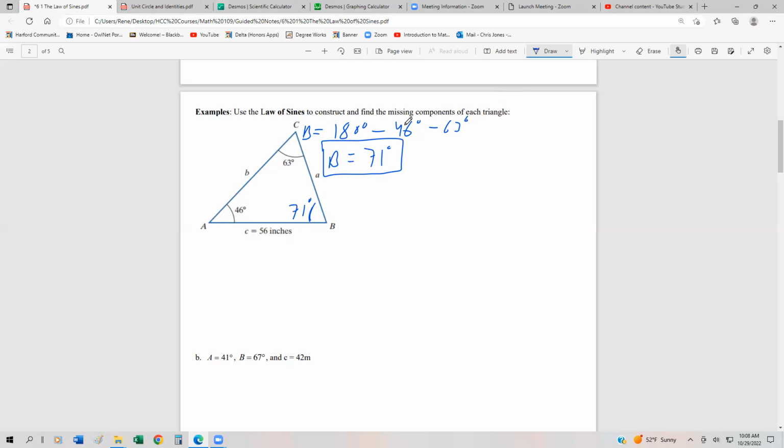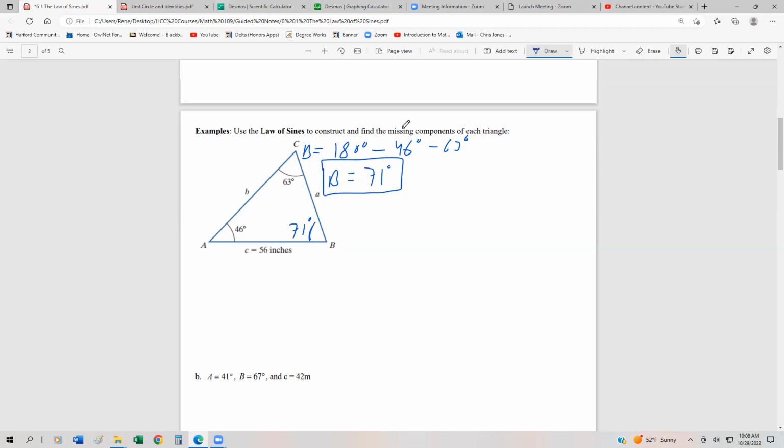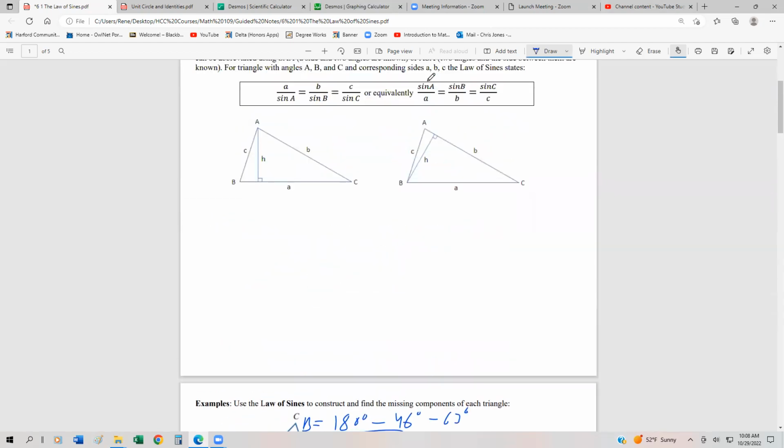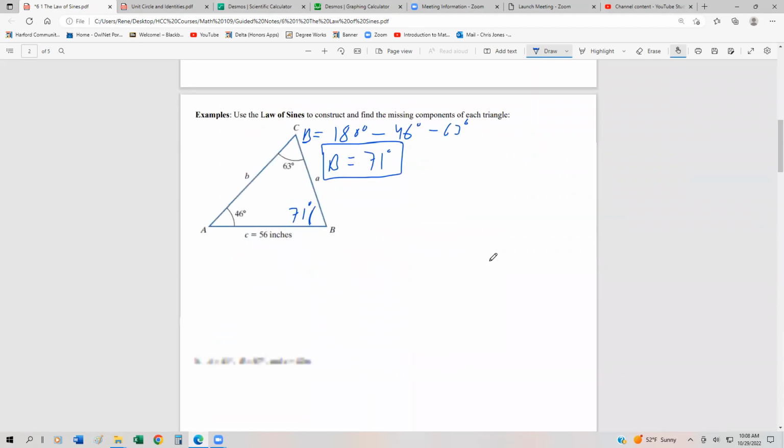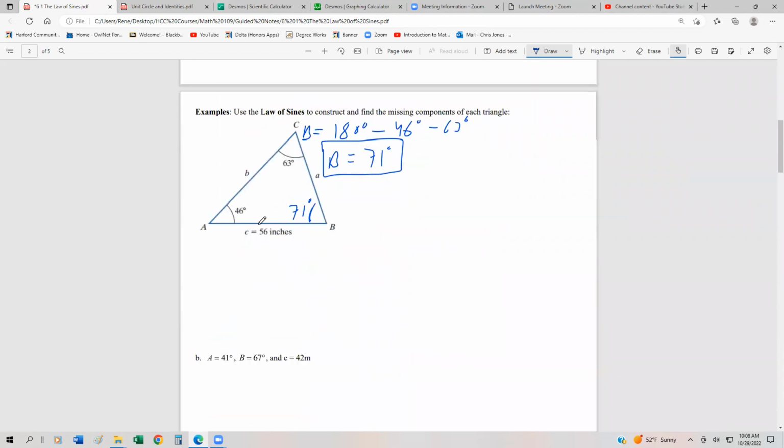We can use the law of sines. Remember, the law of sines is that sine of A divided by A is equal to sine of B divided by B, or sine of C divided by C. We should use C because we know the side of that.